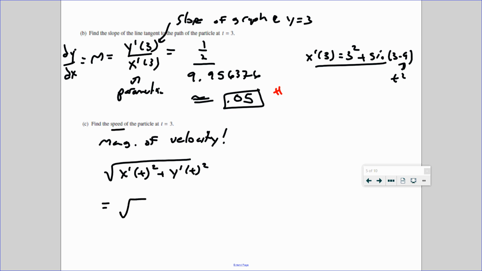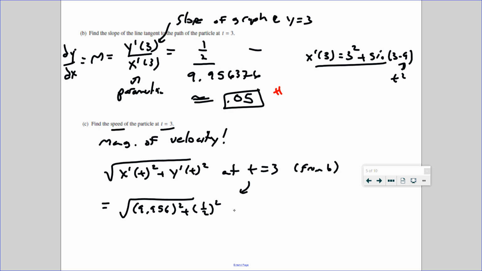So it's the square root of, what's that become? X prime of t at 3. We already know, oh look, that's 9.956 squared plus y prime of 3, which we said was 1/2 squared, right, at t equals 3. I'm just plugging in everything we did from part B. This is from B.